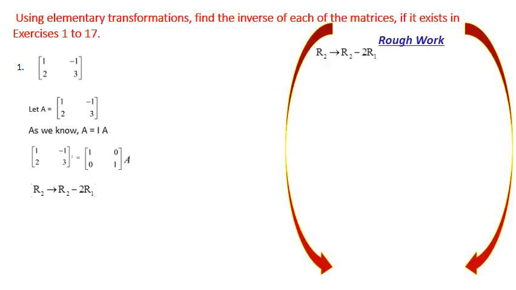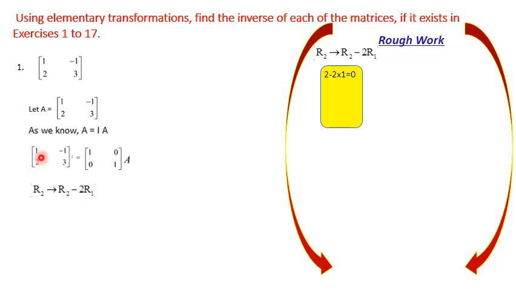Go for the rough work. R2 gives R2 minus 2R1. Here R1 remains the same, 1, minus 1, 1, 0. Left side also, right side also, it remains the same and will not change. Only R2 is going to change. The first element 2 will change: R2 minus 2R1.